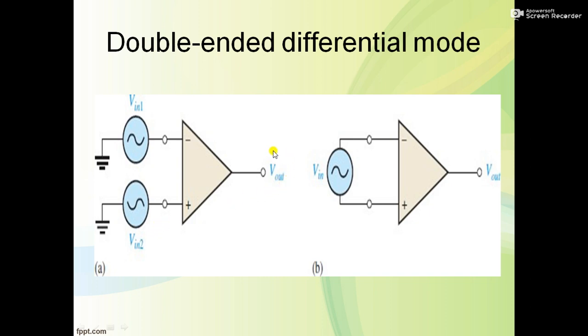So this is one type of error signal in the common mode. To reject this type of common mode signal or error signal, we are using one factor that is called CMRR, common mode rejection ratio.